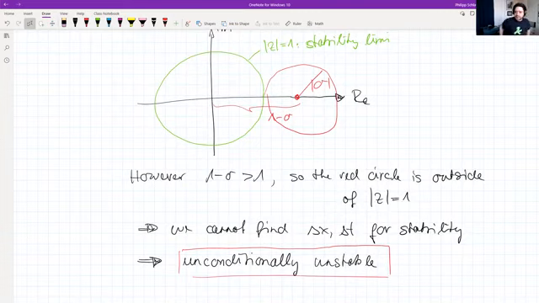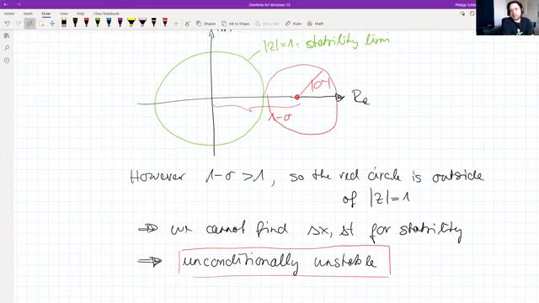Okay. So for now, I think that's what I wanted to say about the von Neumann stability analysis. Of course, this can now be done for more complicated schemes, but the basic principle is always the same. You take the fully discretized equation and you plug in the Fourier transforms of the solution.